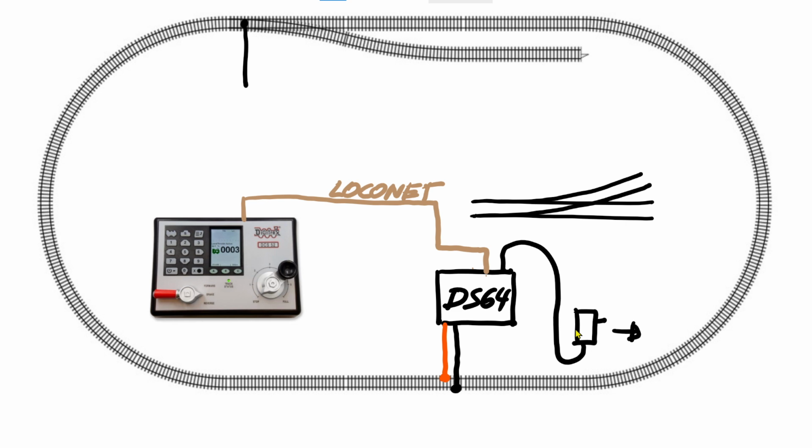Now we have a switch here. My understanding is Bachmann has two versions of the switches. DCC already has the motor, we'll call it the device that moves the switch by itself, inside. I'm just calling them motor.